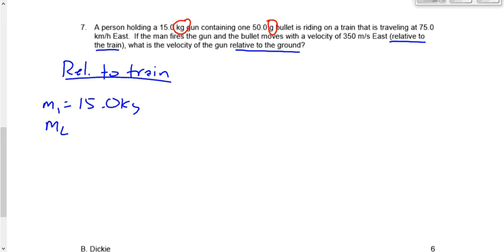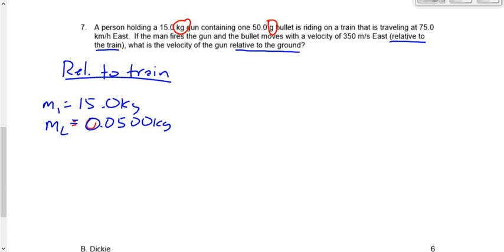If I'm inconsistent with my units, they don't cancel because they don't appear in every term. I might as well go to kilograms since that's the normal standard units, but it would work if I went to grams as well. 50 grams is 0.0500 kilograms. 50 divided by 1,000 is 0.0500 kilograms.